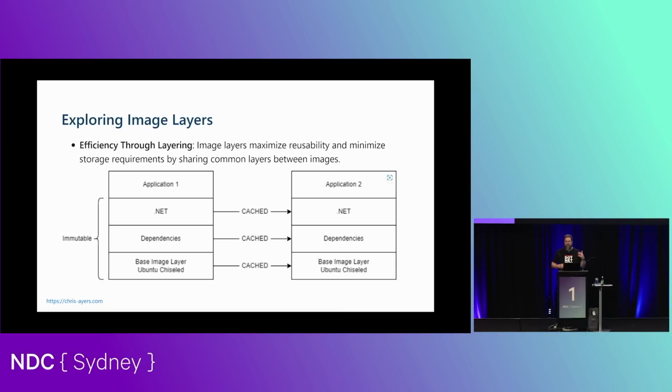And the only change is going to be my application layer on top. So when I push those out to images, to repositories, container registries, it might only push a couple megs at a time because those other layers are already out there, already cached and already reusable. So you get much faster updates as well.